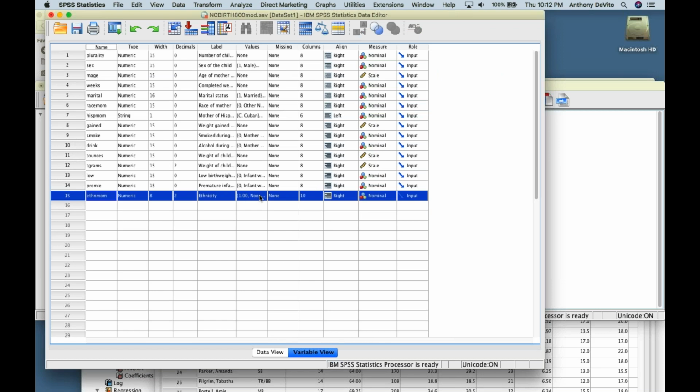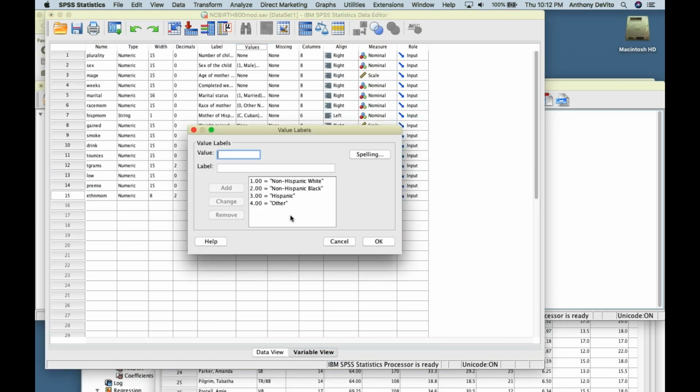Ethnicity of mother, okay, how many values does that have? Well, in this case, it's non-Hispanic white, non-Hispanic black, Hispanic, and other. That just happens to be the way this particular variable is structured. It has 4 possible values.